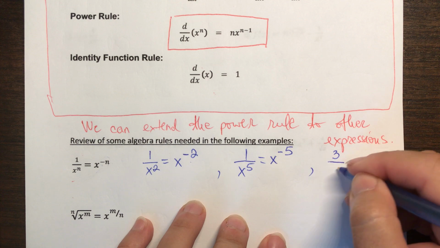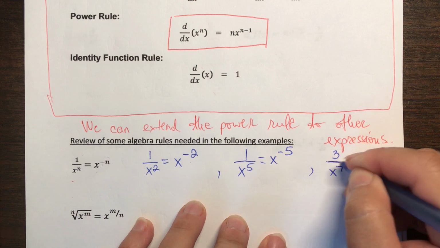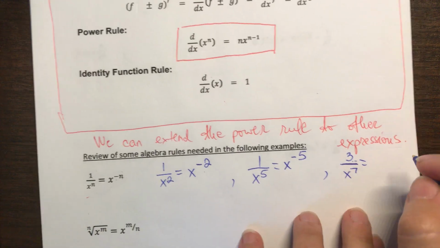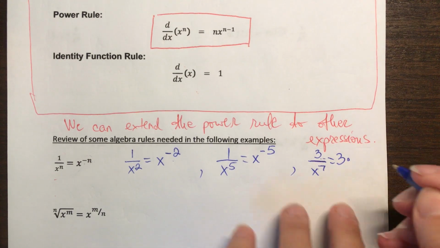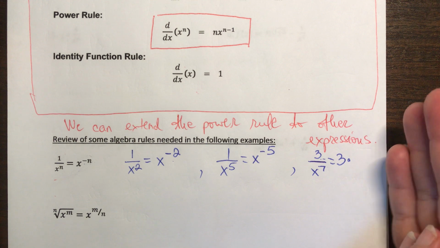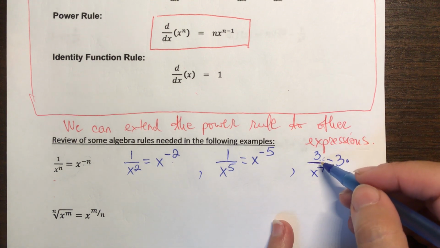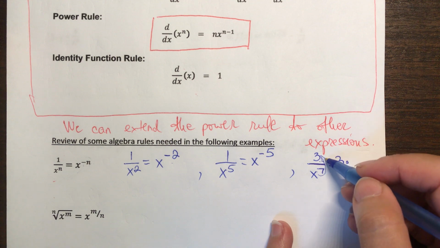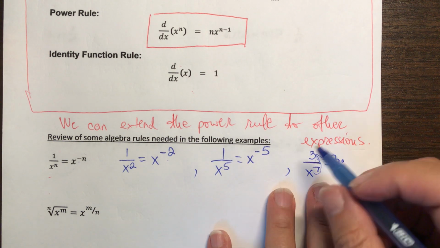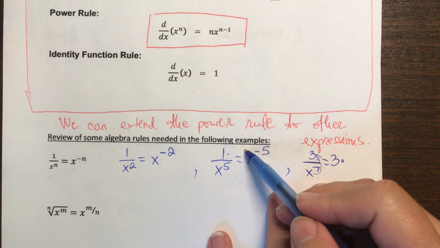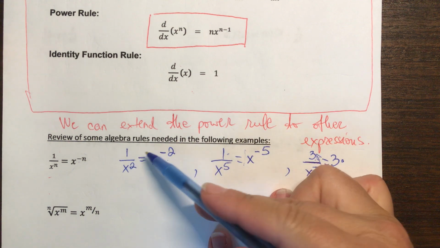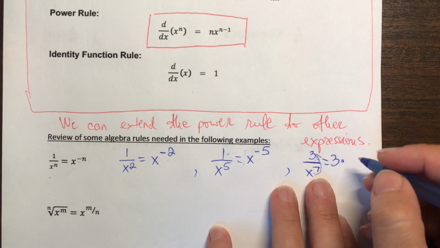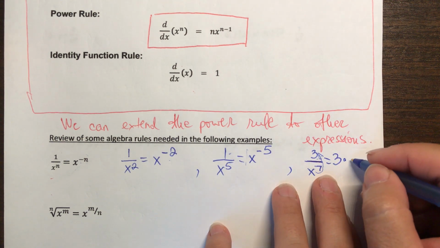What is 3 over x to the 7? What if you have a 3 up here and not a 1? Well, 3 is 3 times 1, so all you do is keep that 3, right? This is the same thing as 3 times 1 over x to the 7, but the point is this x to the 7 is simply going to come up at the top next to whatever is waiting there for it, whether it's a 1, which I don't have to write in a product, or some other coefficient or constant.